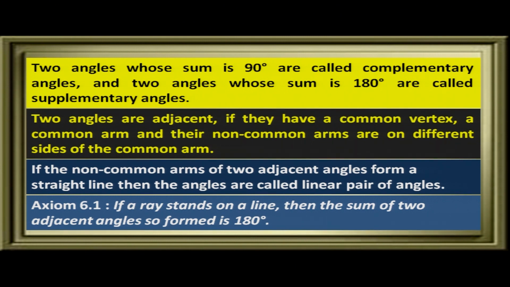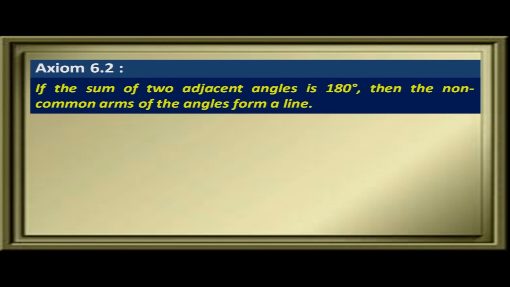Now, read the last statement again. If a ray stands on a line, then the sum of two adjacent angles so formed is 180 degree. What is the converse of this statement? If the sum of two adjacent angles is 180 degree, then the non-common arms of the angles form a line.